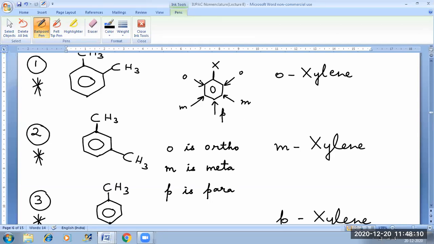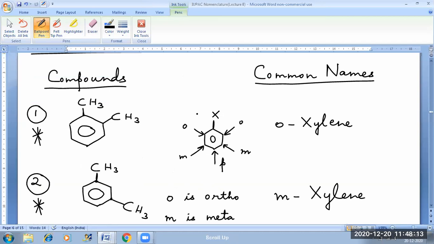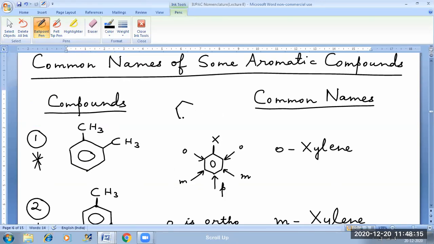Now see, if I have a compound containing an aromatic benzene ring, and let's say here I have something attached. It can be anything. Now, if at this position I have another group attached, that means the two groups are attached at adjacent carbon atoms. They are exactly one after the other. They are consecutive carbon atoms containing the two groups.